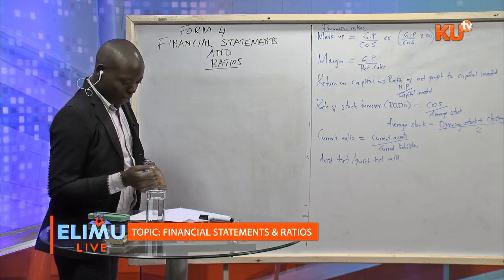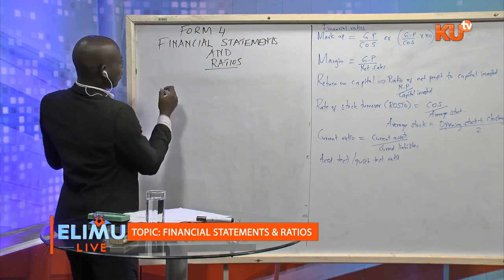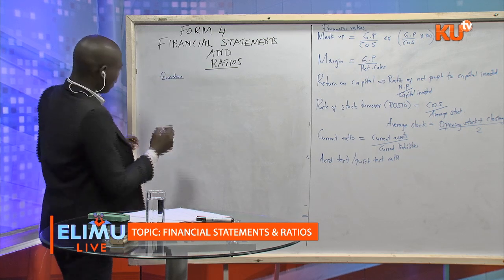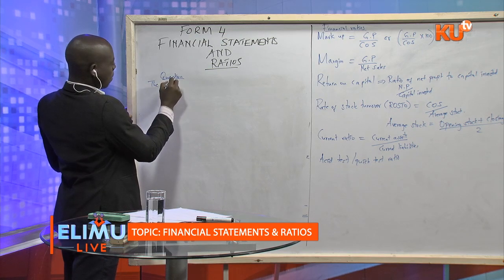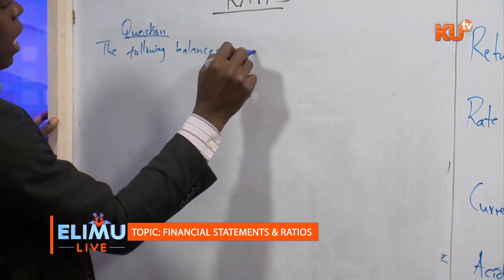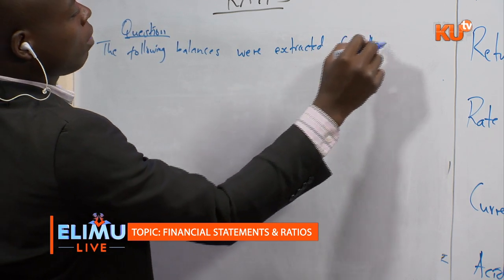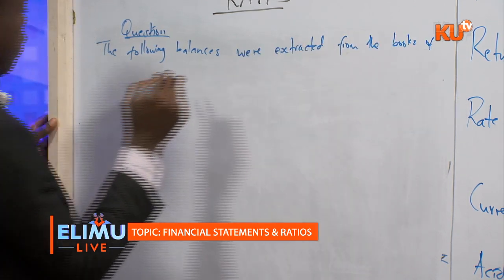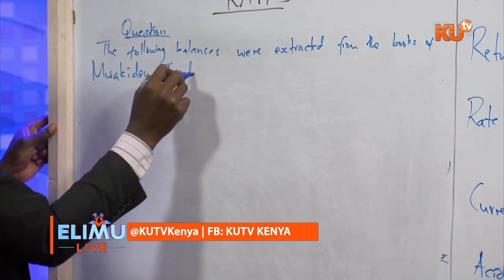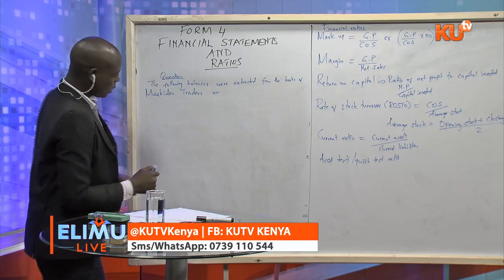Our question then, we will take a look at one question. We are told that the following balances were extracted from the books of Mwakideu Traders.